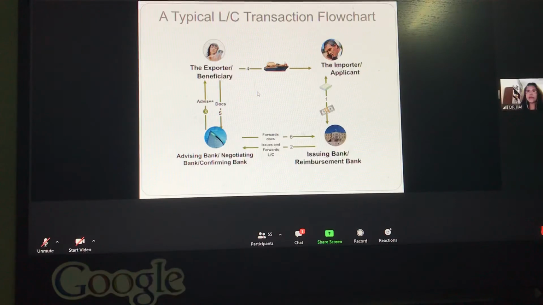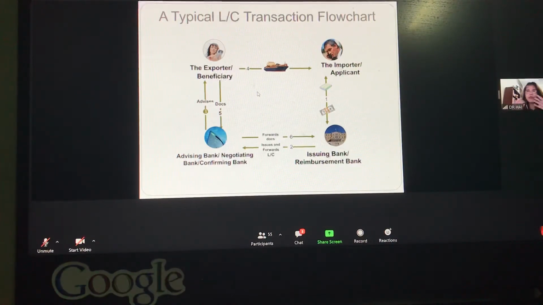But sometimes we see another BE. The drawer is the nominated bank and the drawee is the reimbursement bank. So I mean that two banks appear in the BE. Nominated bank is drawer and reimbursement bank is drawee.